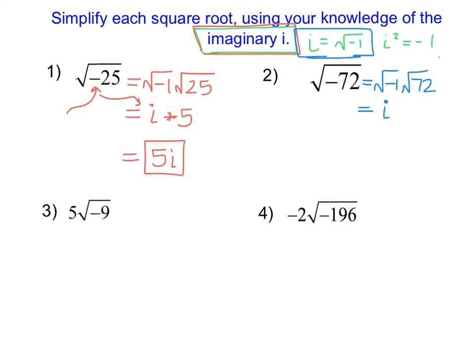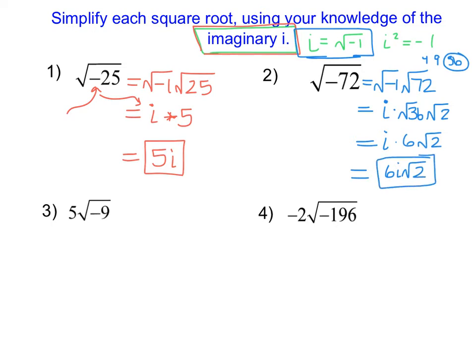Well, I find out that it's divisible by 9, it's divisible by 4, and it's divisible by 36. And when I look at that, 36 is the biggest number, so I'm going to rewrite this as the square root of 36 times the square root of 2. And then from here, the square root of 36 is 6. So my final answer here is going to be 6i square root of 2.